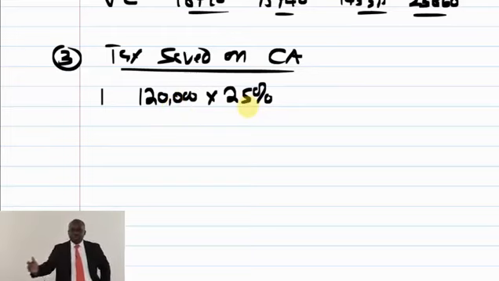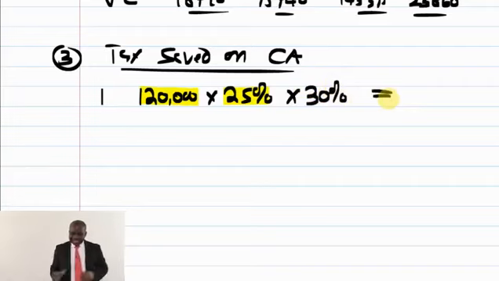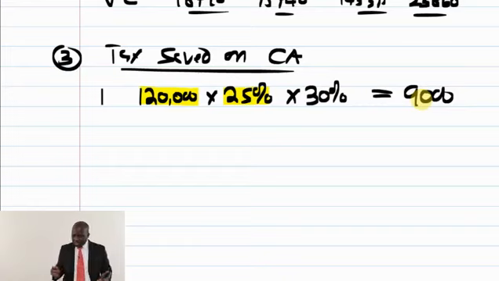Why will I show them one by one? At the end of the day, I don't need the capital allowance. I need the tax savings. So why wouldn't I go straight? So this times that will give me the capital allowance. So if I've got the capital allowance, I will multiply by the tax rate straight, and I will get the tax savings. And that tax savings is that 9,000. Okay, now be with me.